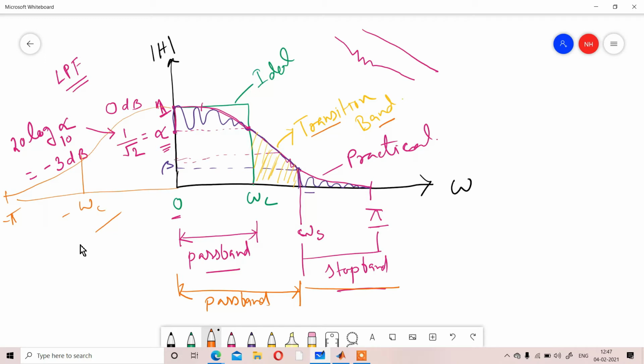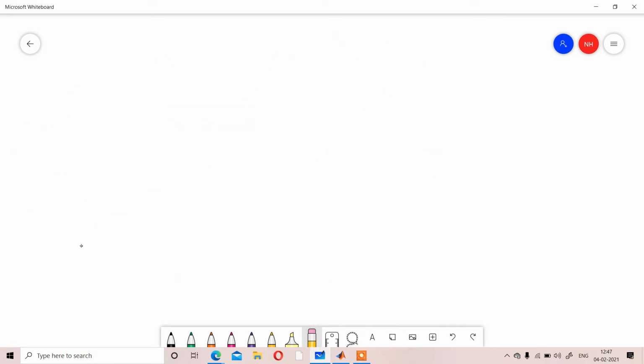So those are the characteristics you have to keep in mind whenever you are designing a filter. So this is basically the low pass filter I have shown you. Now simply consider one example.